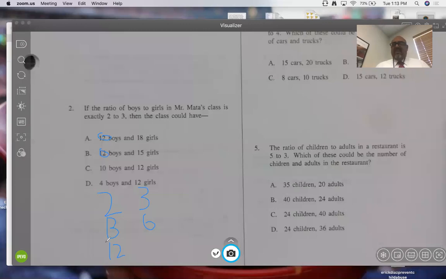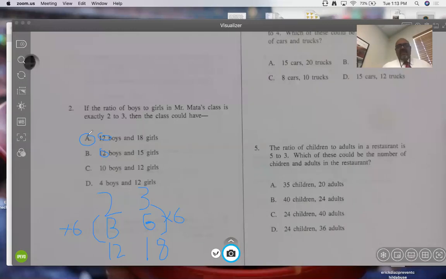I'm hoping some of you think arc of death. 2 times what equals 12? That actually looks like a G, not a 6. 2 times 6 equals 12, and I need you to do the exact same thing on my other side. Multiply this by 6. So once again, arc of death: 3 times 6 is 18. So my ratio here is 12:18. My correct answer is A.